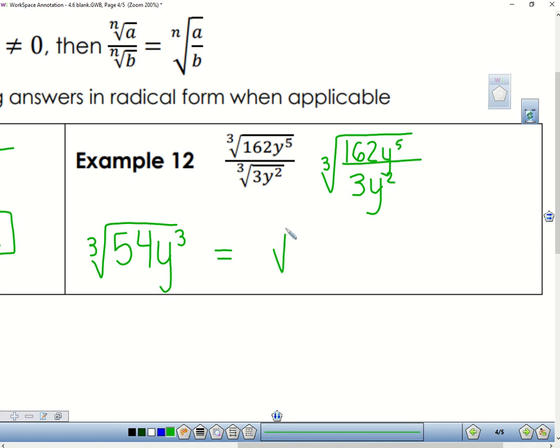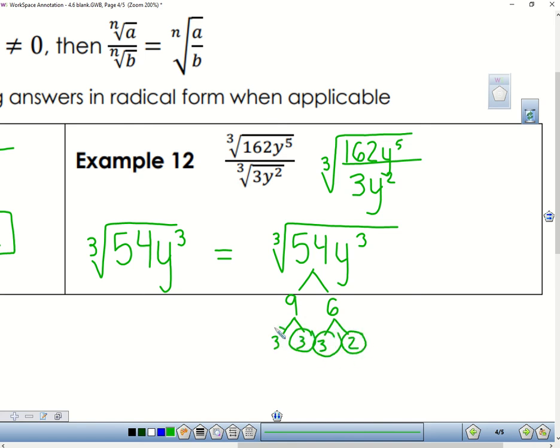And then this one groups up into groups of, we're trying to group it up in groups of what? 3. So this breaks up into 9 and 6, which breaks up into 3 and 3, which breaks up into 3 and 6. So we're looking for a group of 3's.